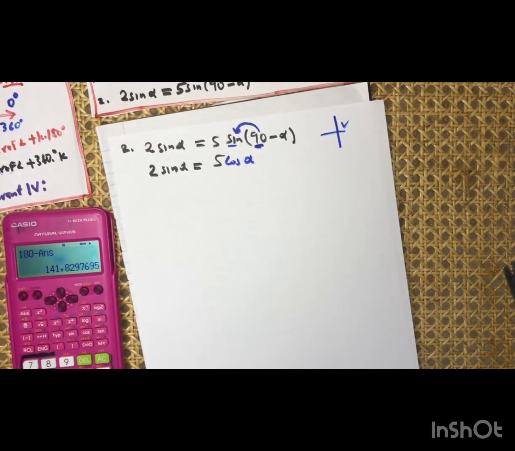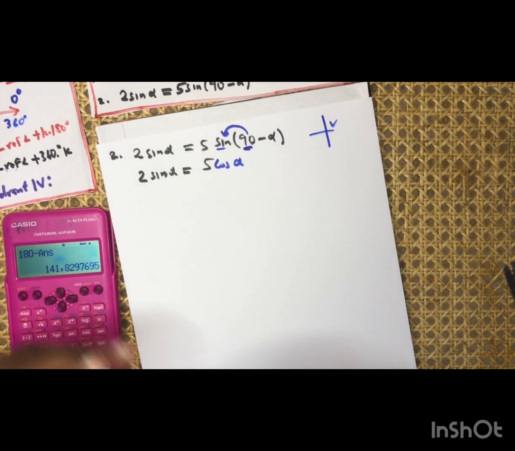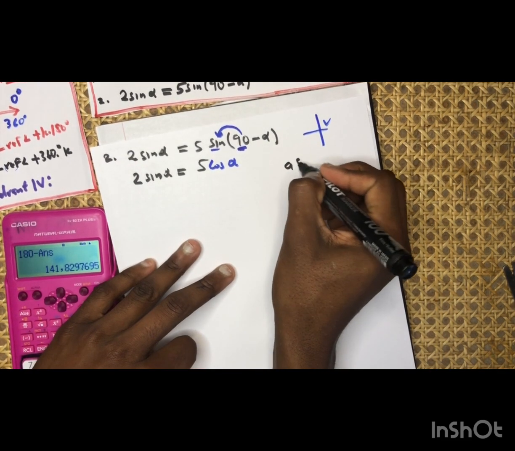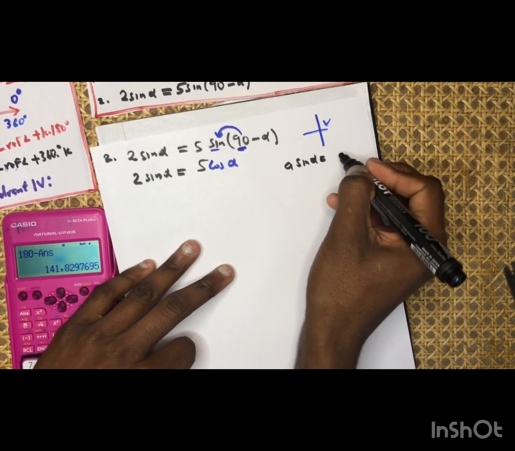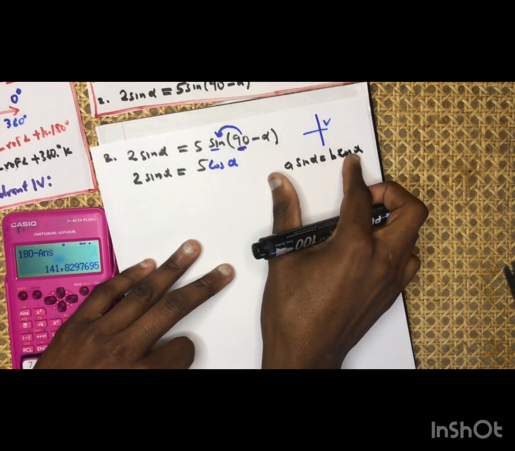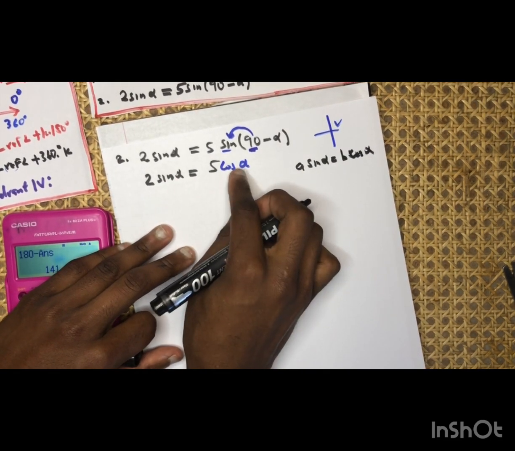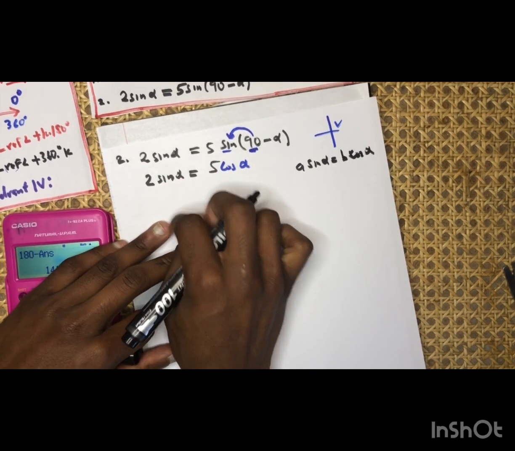Right. Can you see now? This is given in the form a sine alpha is equal to b cos alpha. This is the form. So which means I cannot change sine, I cannot change cos, but if I divide both sides by cos, I will get tan.